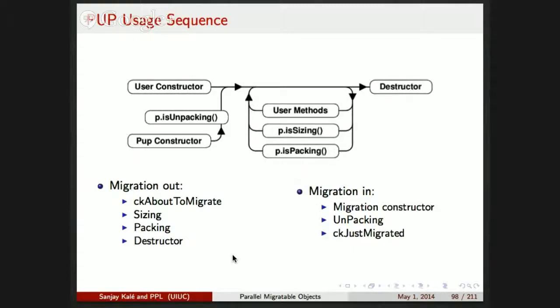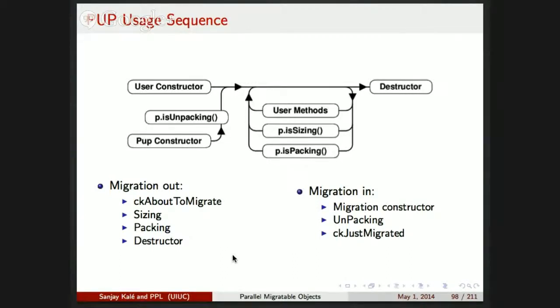And then on the receiving side, if an object is immigrating to a processor or is being restored from a checkpoint, then that's where that CkMigrateMessage constructor gets called. So that is essentially a dummy constructor that doesn't need to do anything, because anything it initializes is immediately going to be overwritten in the unpack from the serialized data.